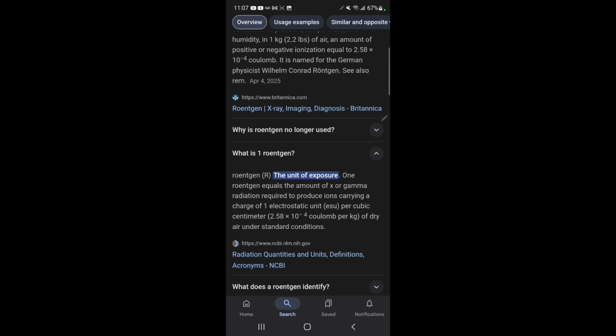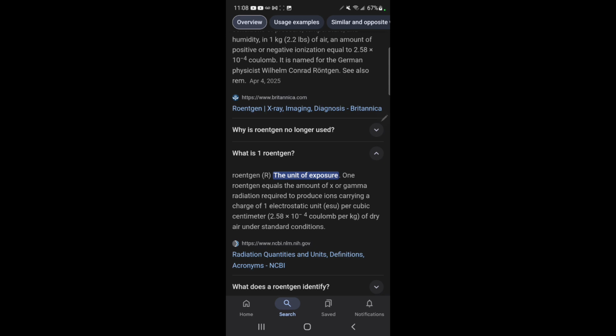Eons. All these words, transition, expectation, all these ion words. Really, really think about that. ESU per cubic centimeter. Or dry air.